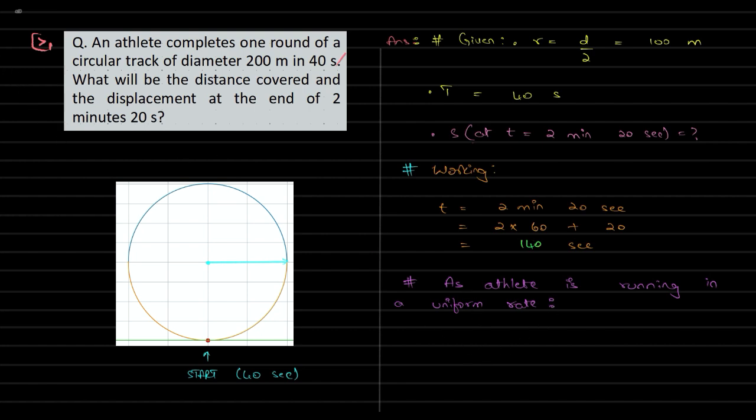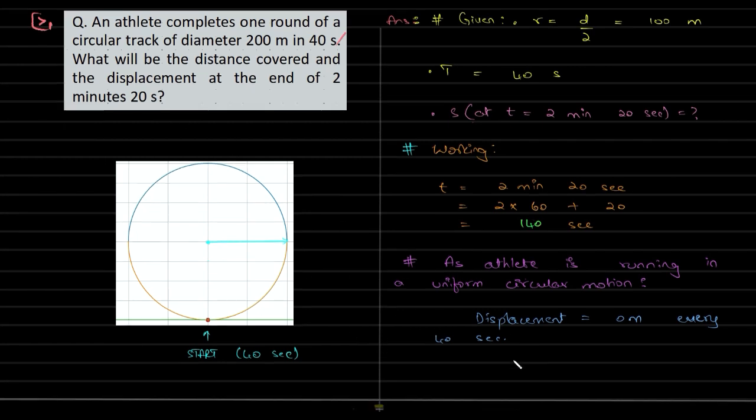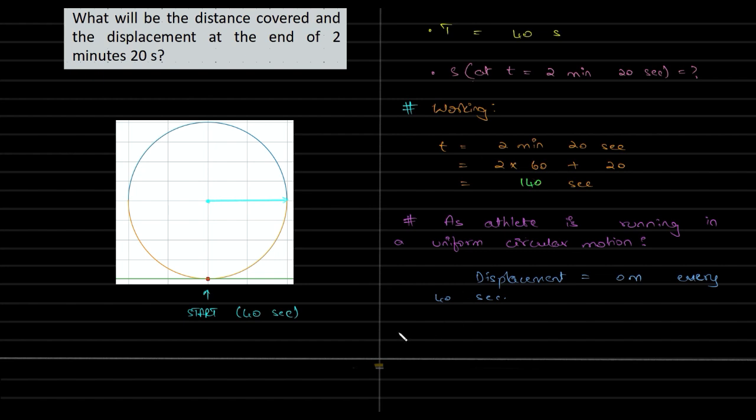The displacement would be equal to 0 every 40 seconds. So let me put it in this manner actually. Running in a uniform circular motion, the displacement will be zero every 40 seconds, right? Then we'll talk about this time period.